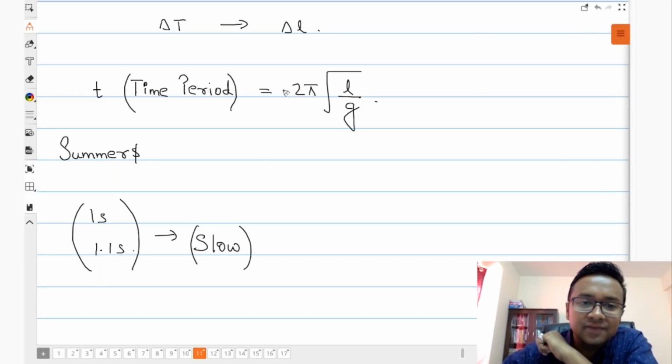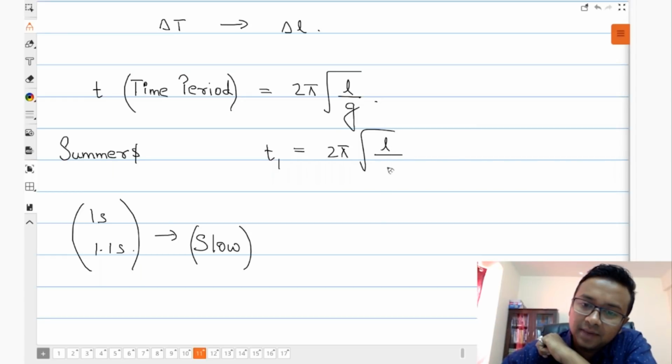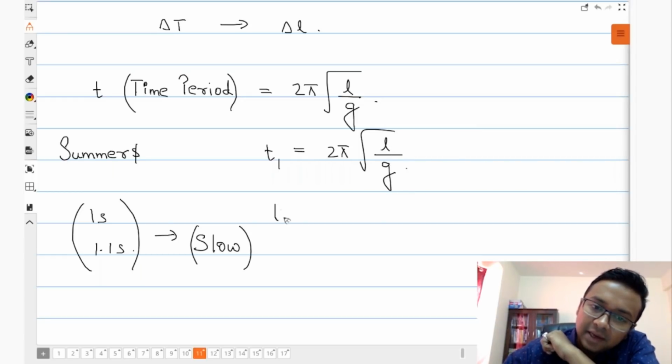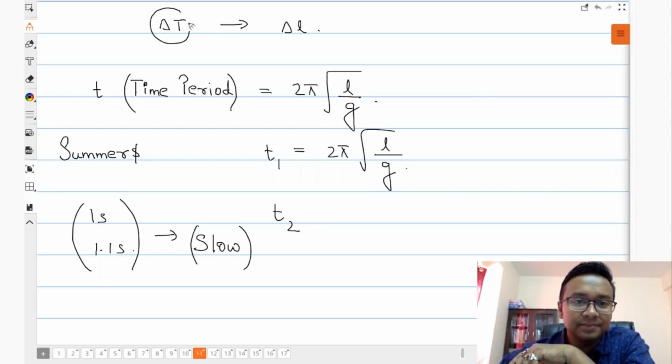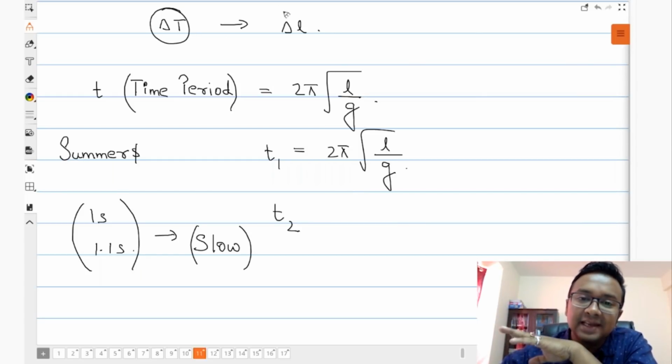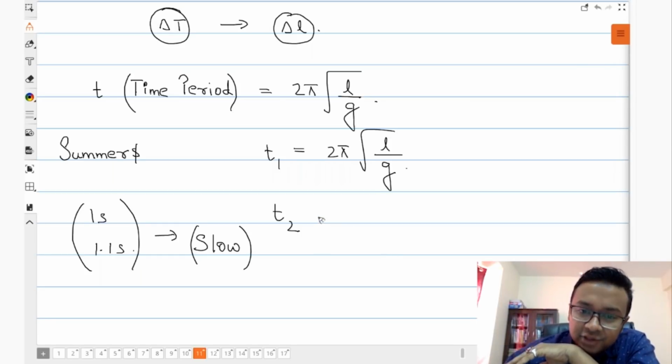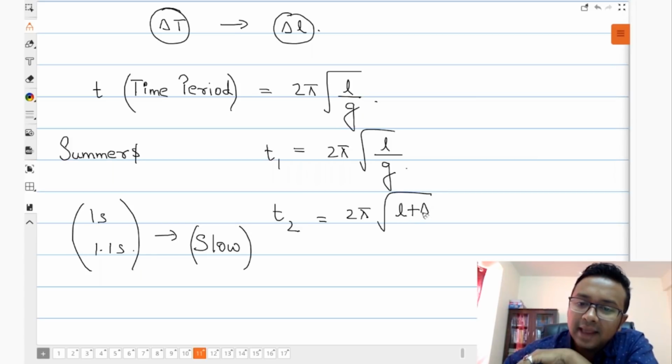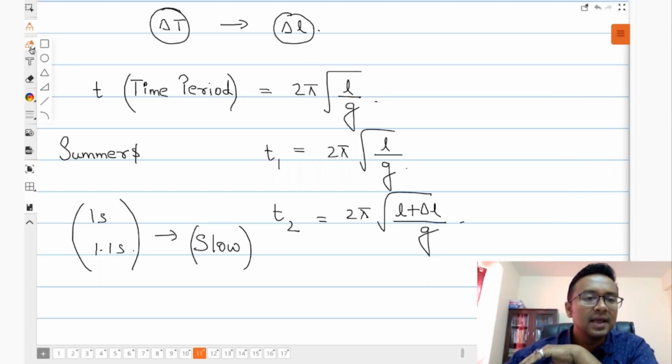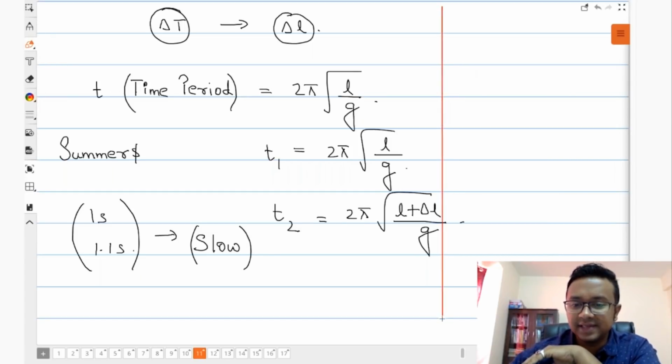So initially t1 will be 2 pi root of L by G. Now you increase the temperature by delta T, the new length has increased by delta L. So t2 is going to be 2 pi root of L plus delta L upon G. Clear, students?